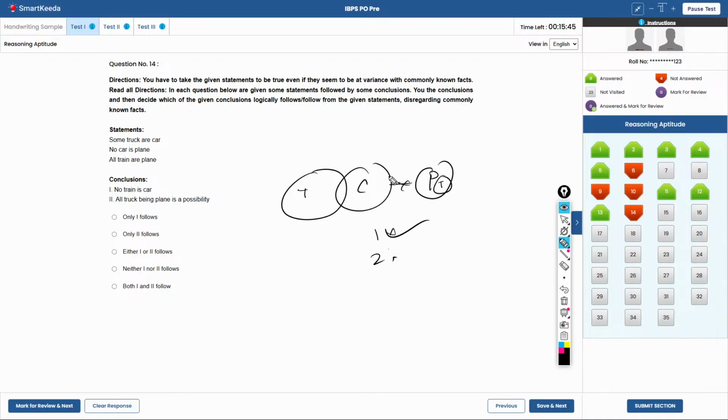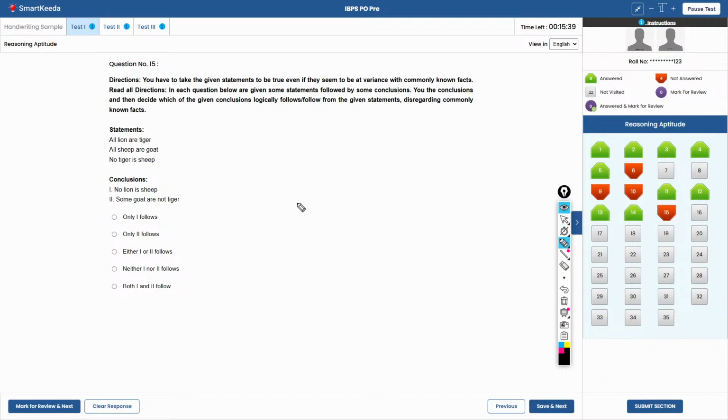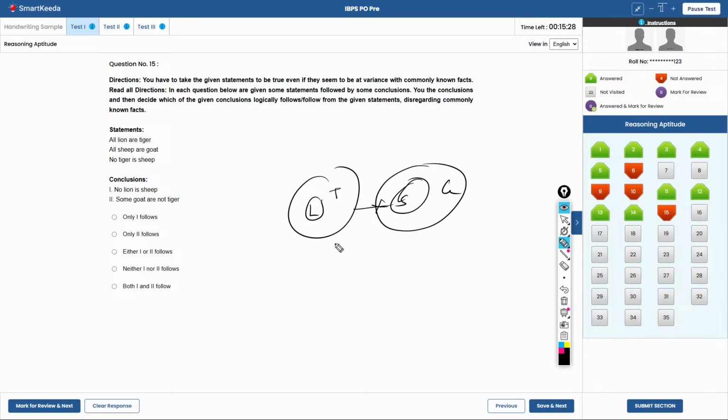All truck being plane, no, only one. All lion are tiger, no tiger is sheep, and all sheep are goat, no lion is sheep. Some goats are not tiger. So both.